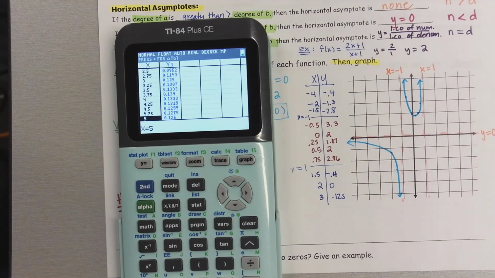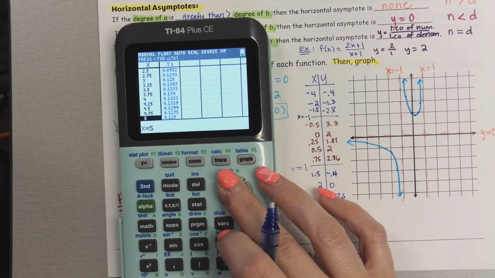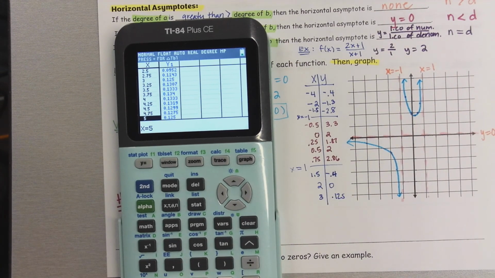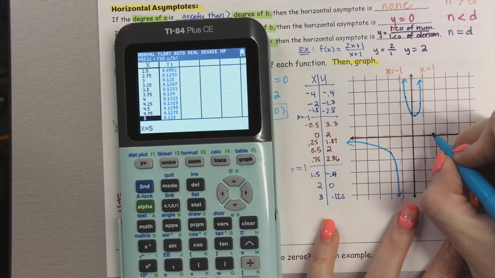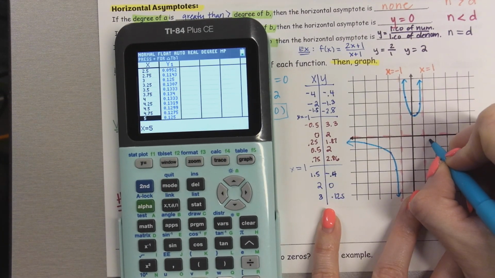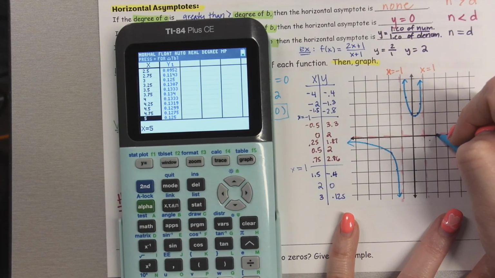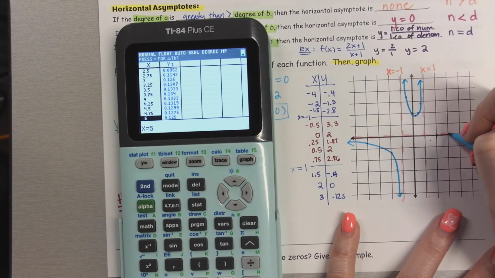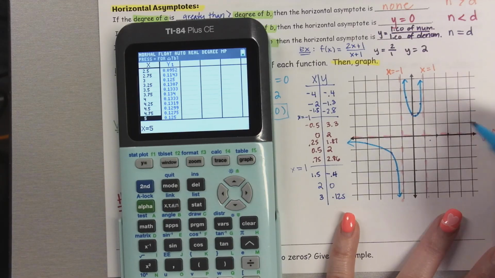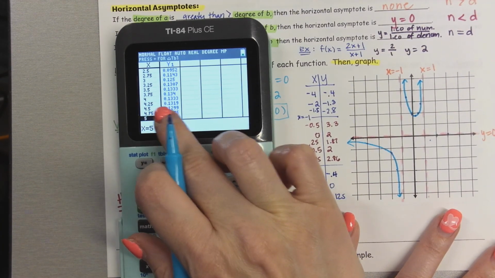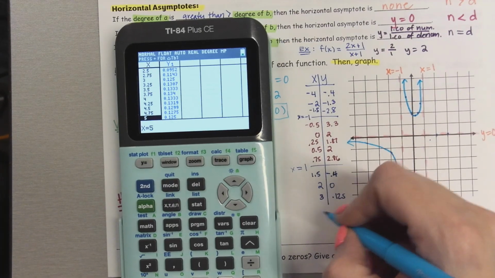Okay, and then can see we have these points going up here. At 3, I'm at 1.25. And you can see, right, these numbers are going up. At 4, I'm at 0.13.